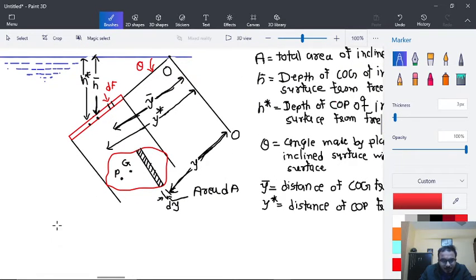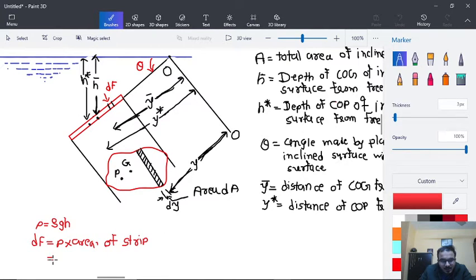Obviously we will begin with pressure is equal to rho G H. dF will be equal to P into area of strip, that is this black strip.